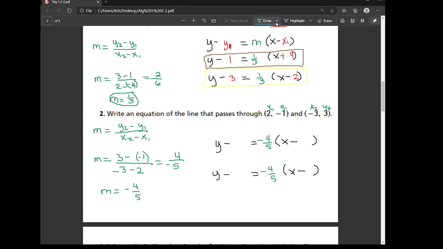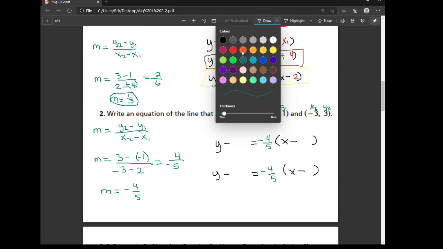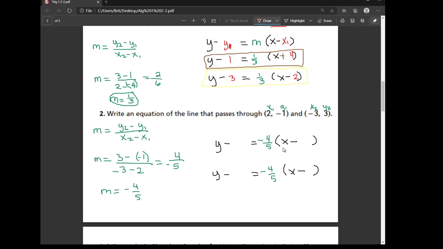Then I'm going to use my ordered pairs to fill in my equations. If I choose this first point as x1, y1, I put a 2 here where the x1 goes, and a -1 here where the y1 goes.